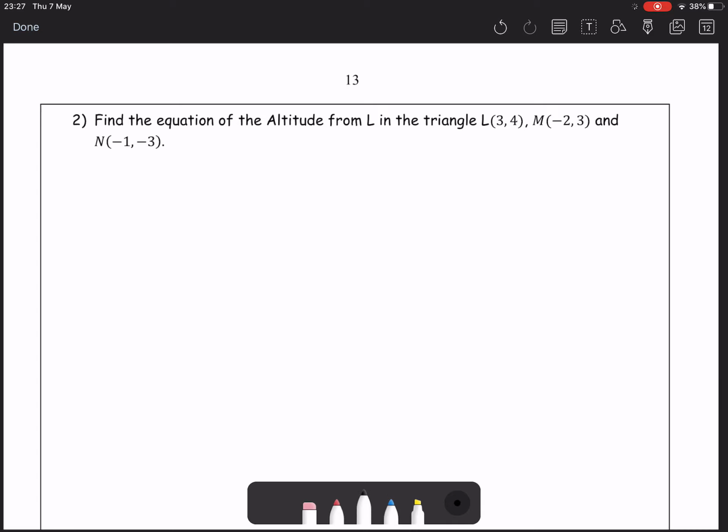Again, for our second example, I'm going to start with a triangle, just to keep myself right. Find the equation of the altitude from L in the triangle LMN. So I have (3, 4), (-2, 3), and (-1, -3).